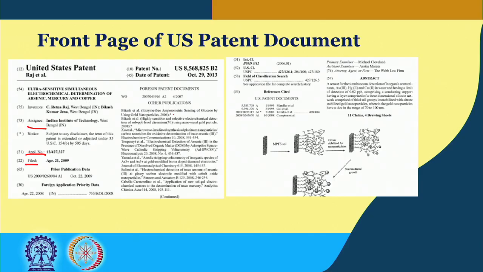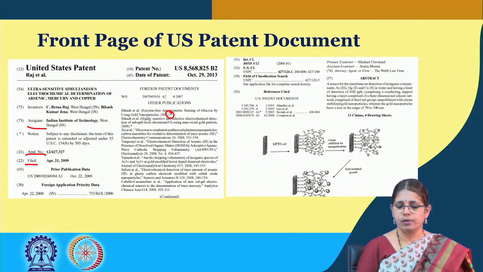Now, you may also notice this particular star that you find in relation to the prior data. These are nothing but the examiner citations, and you may also note that there is a figure in this particular application, and the cover page also tells you what are the different claims filed in the patent.